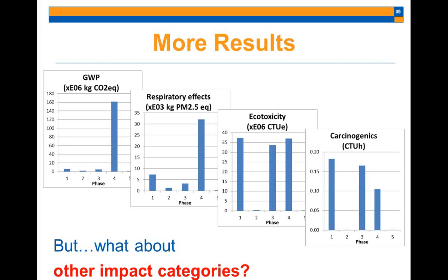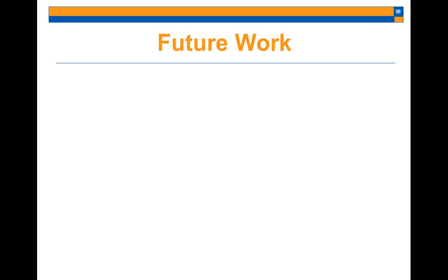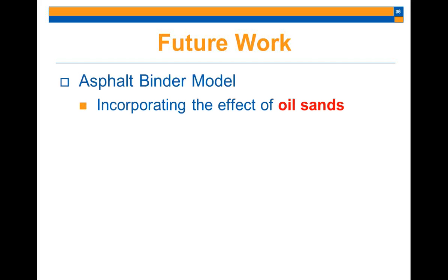A lot of people tend to look at greenhouse gases and energy because they're a lot more straightforward impacts. And things like respiratory effects, ecotoxicity, and carcinogenics are a lot more complicated as to what influences them. So definitely a lot more research is needed before any concrete results or observations can be made about this. So, some future work.